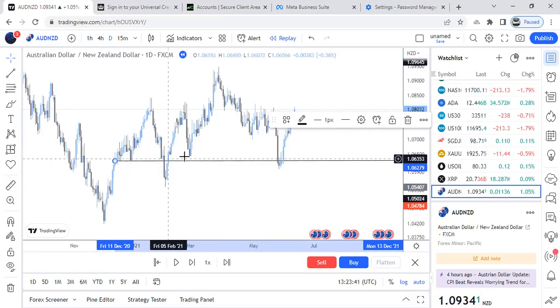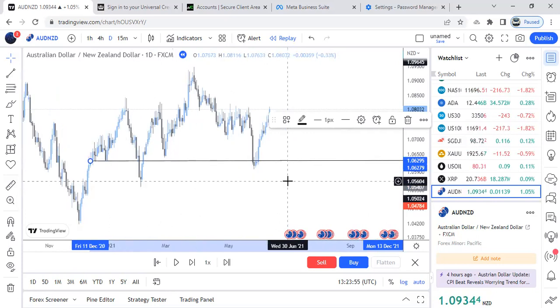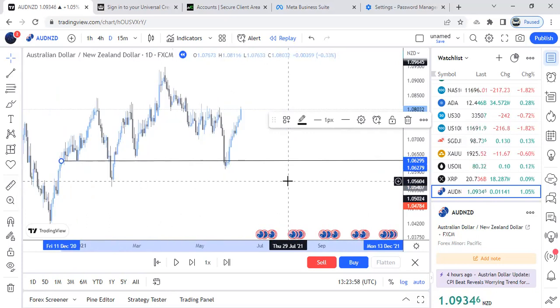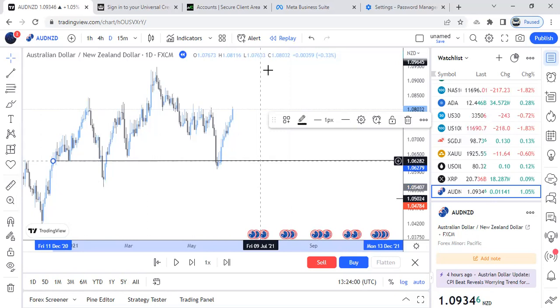So we can't actually call it a support because this area was disrespected, if you know what I mean. But at least we got one touch here, one touch here, and another touch here. But some people think that this is support, so they think they'll come and buy from here, and the market should go right up, you know.